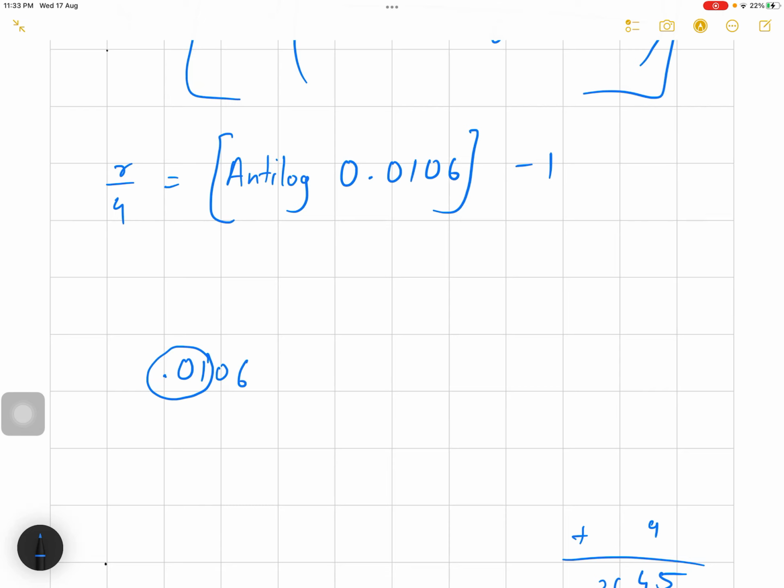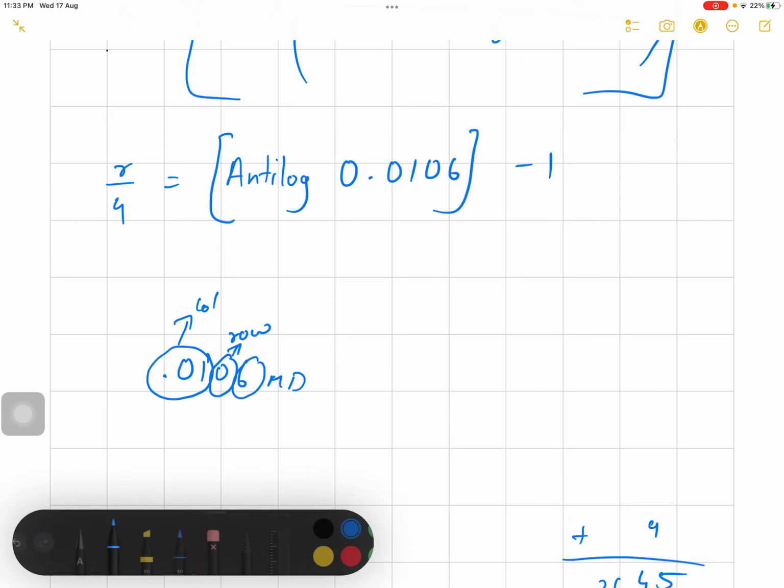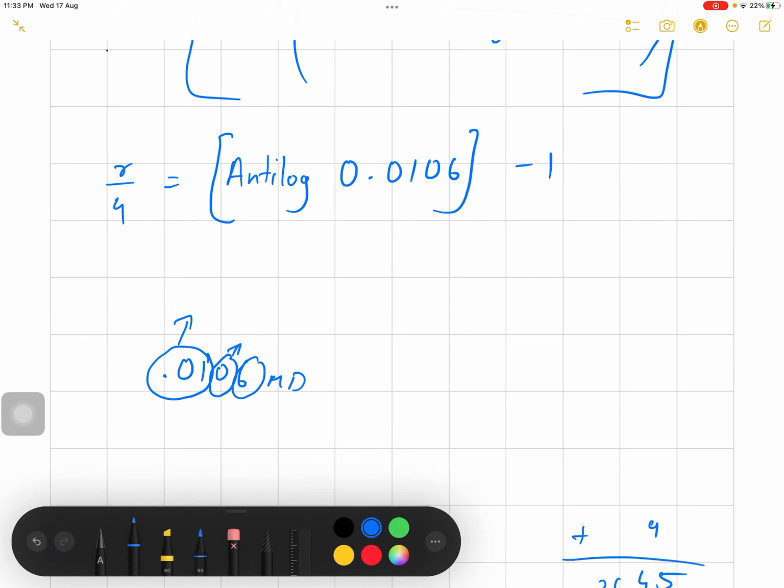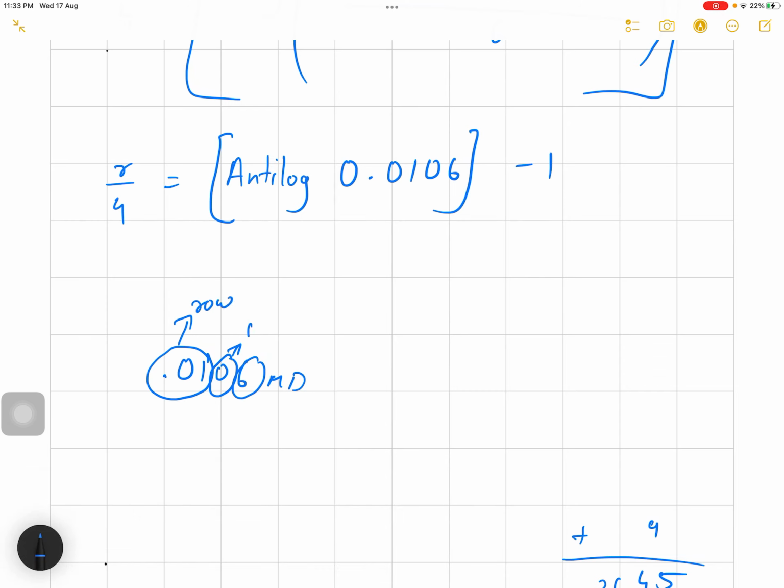So column 0.01, row 0 and mean difference 6. Sorry, this is row, this is column, and 6 mean difference.